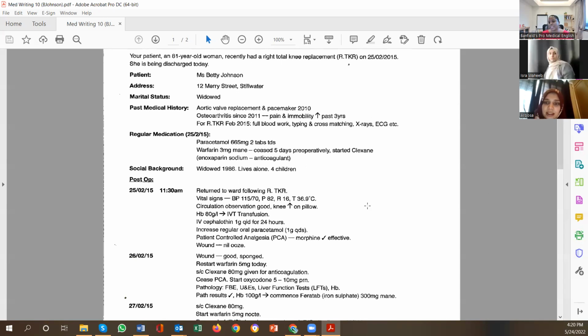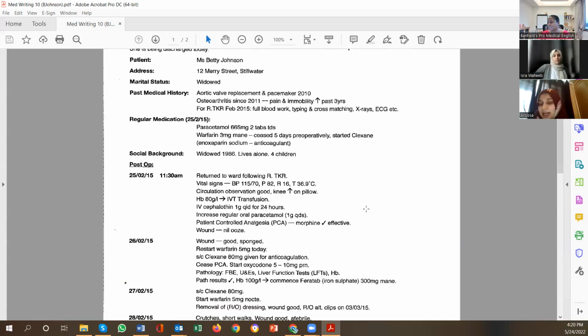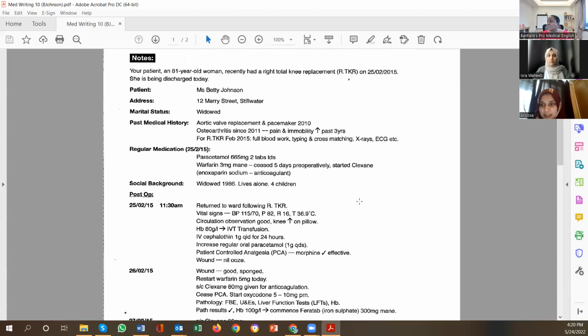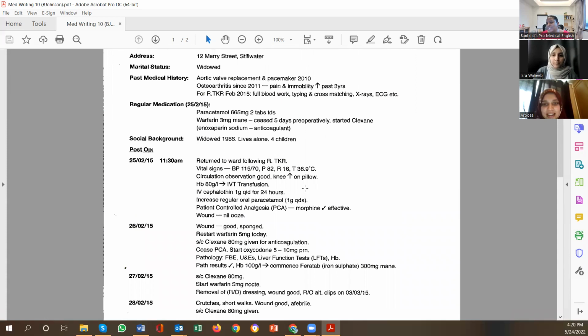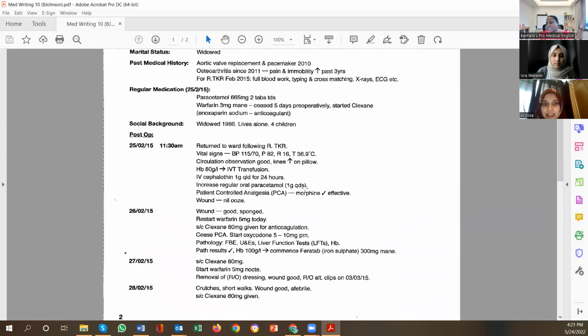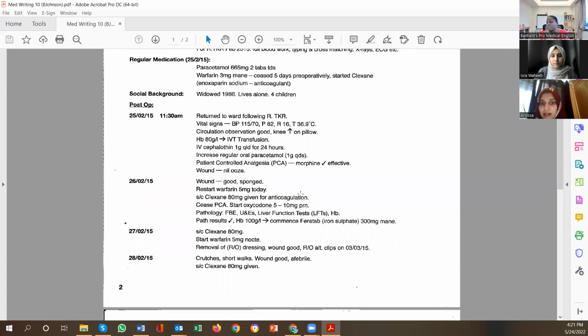So we are writing the letter to her GP regarding her recovery or her condition. In this letter, we will write to her GP about the post-operative recovery, what medications were given, and how she is recovering now. And what the GP needs to do next.